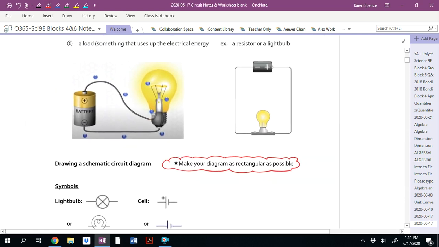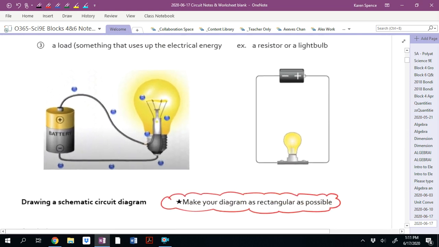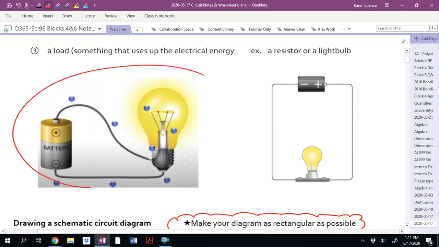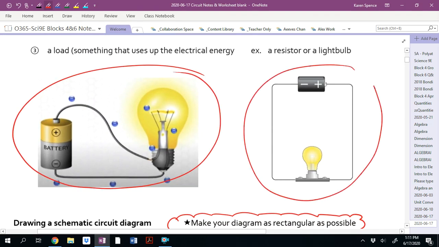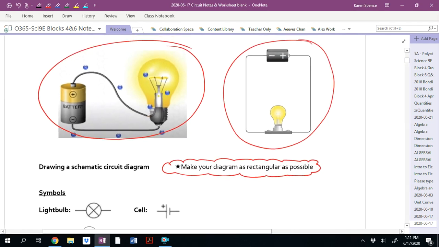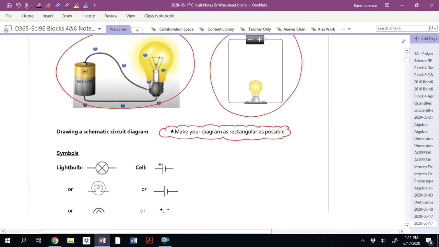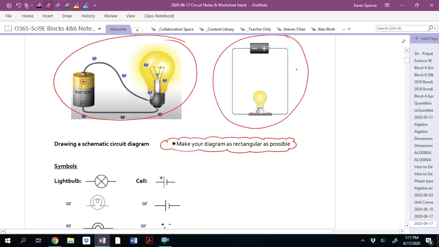So we have already taken this picture here, okay, and we have transformed it into this picture here. However, this still involves more drawing than I would like, so we're going to use our schematic diagram to draw this. And in order to do that, I'm going to keep that in sight so you can keep an eye on this one, okay?